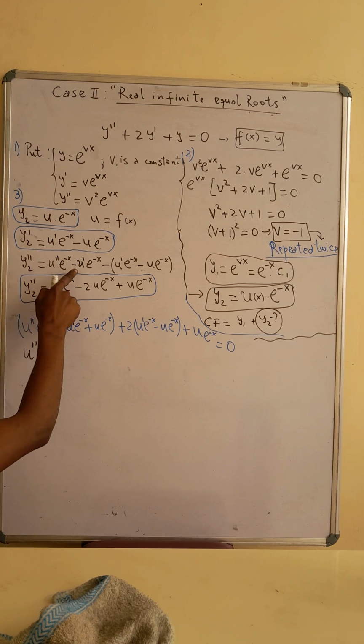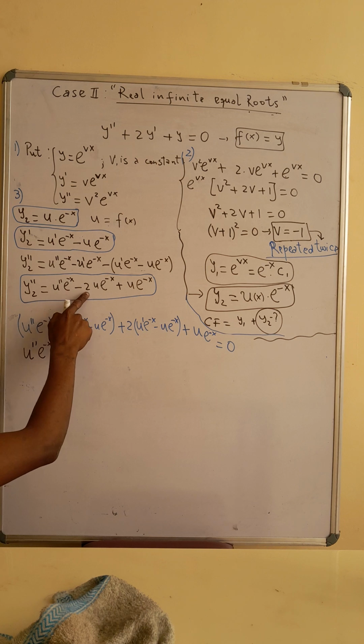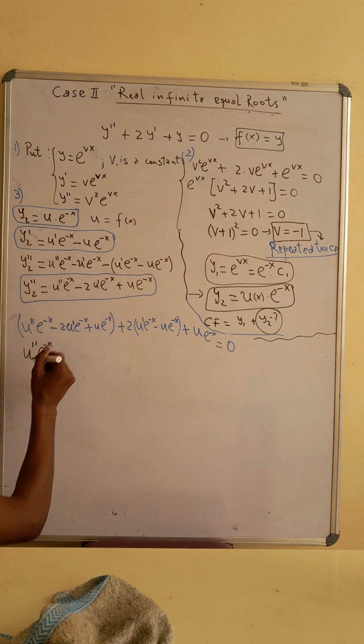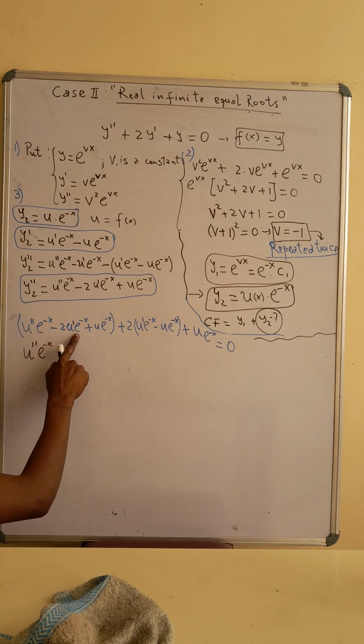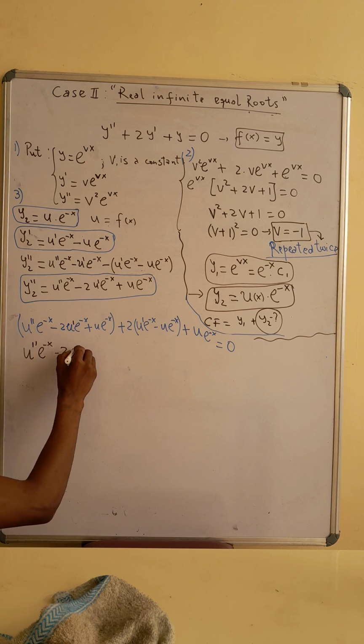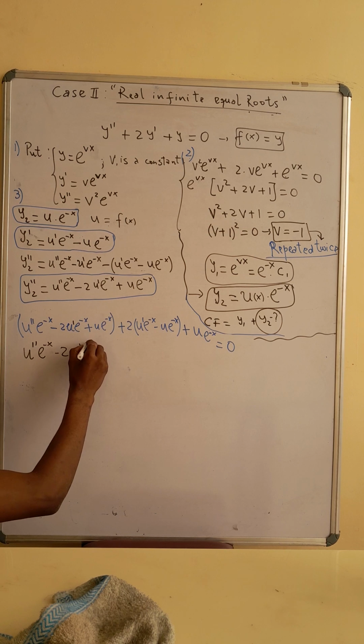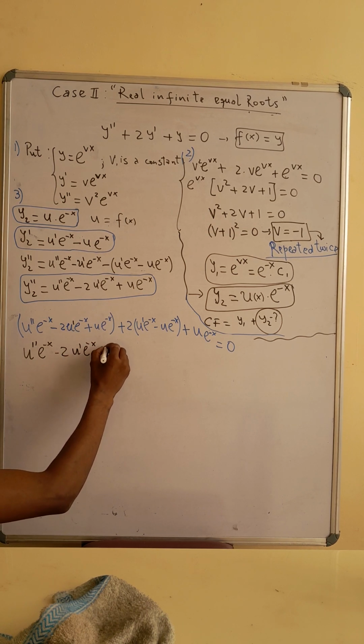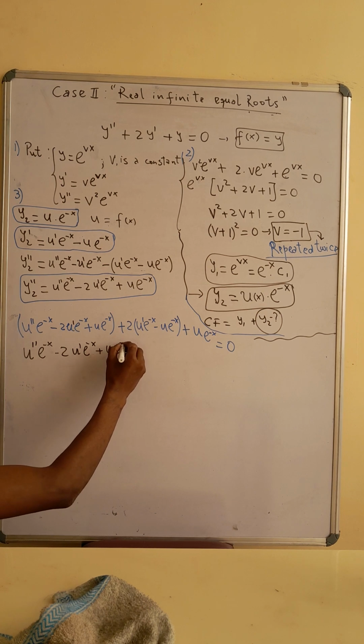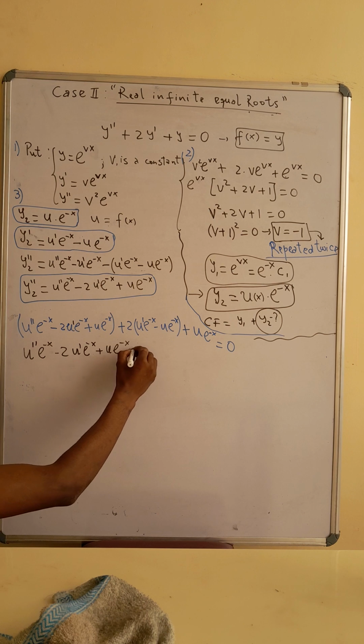We don't have to forget, this is dash. As you can see here, 2u dash, then minus 2u dash Euler raised to minus x, plus u times Euler raised to minus x.